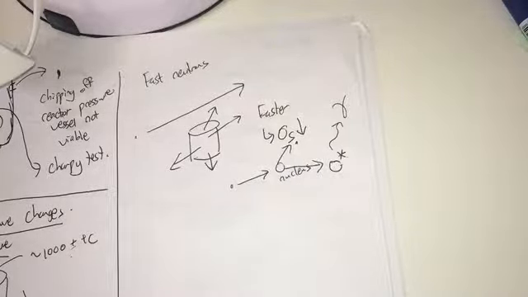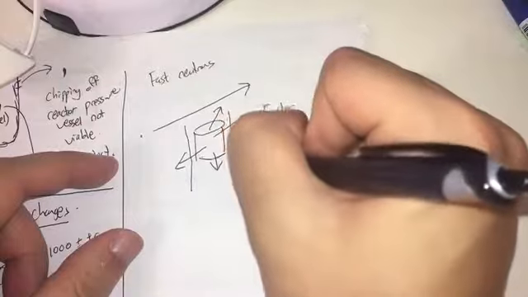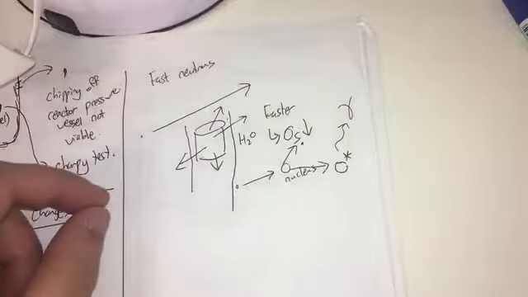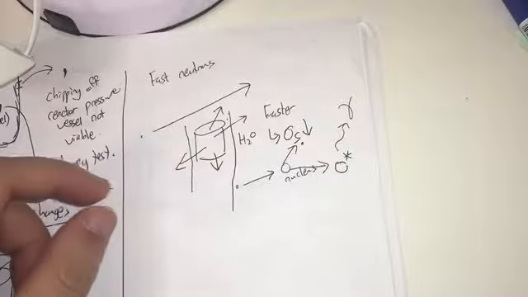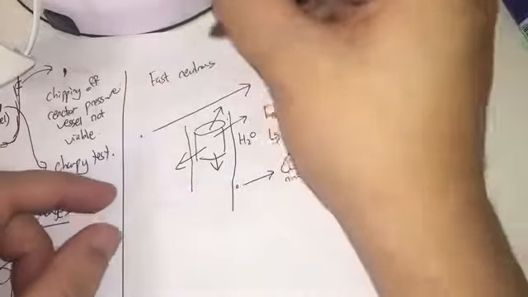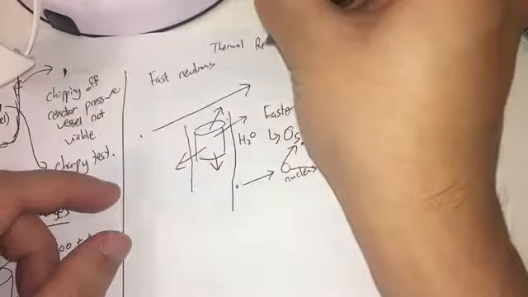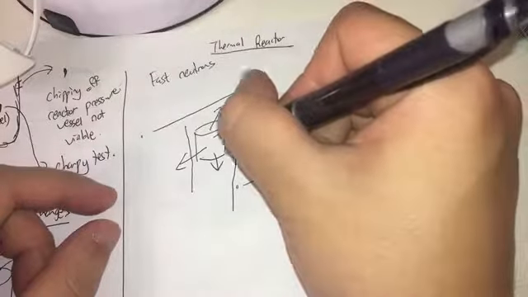Okay? So, when we have this fuel pellet, it is surrounded by cladding and water. So, when it hits the water, okay, so this is a thermal reactor. When it hits the water, what does the neutron do?